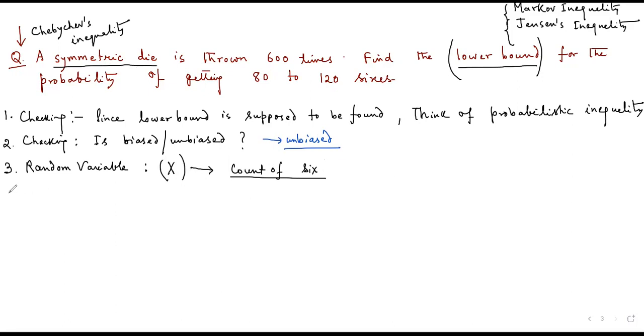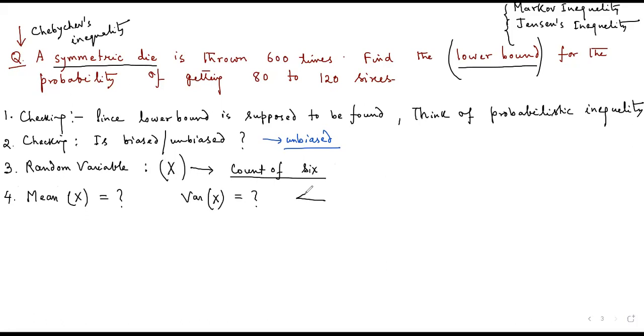Fine. My fourth part is to identify whether we know the mean of the random variable and variance of the random variable or not. Okay, let me write it. What is mean of x? Do we know it? And what is the variance of x? Do we know it? These are my questions.